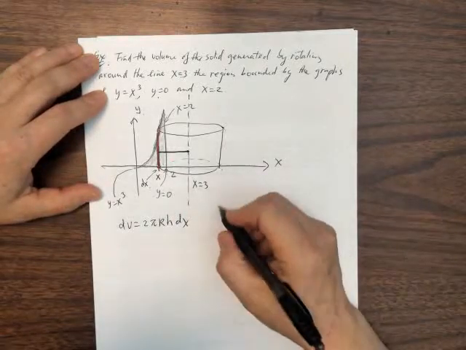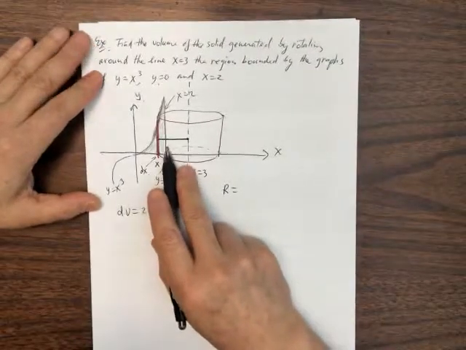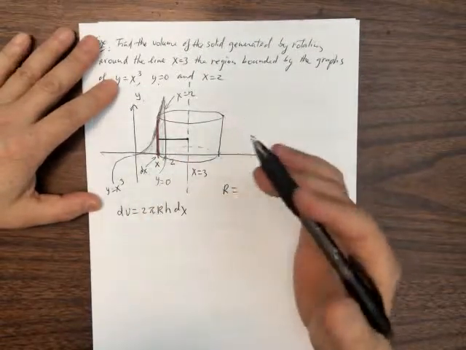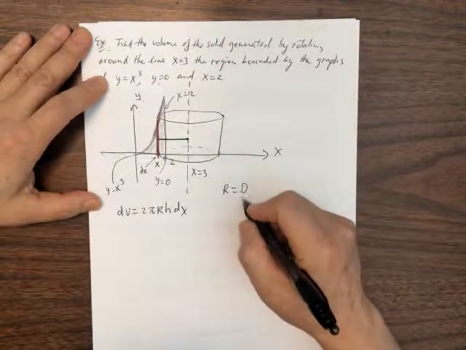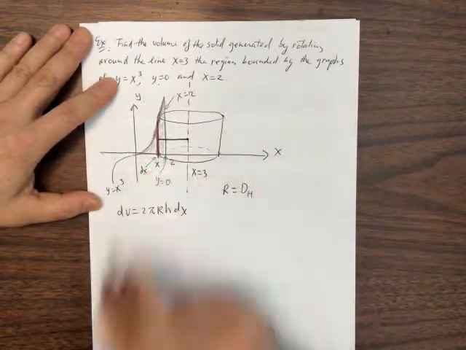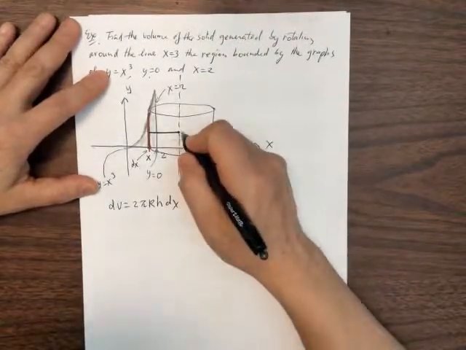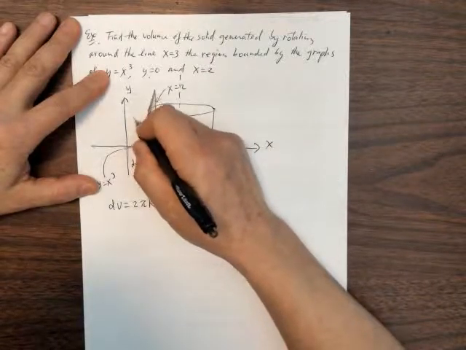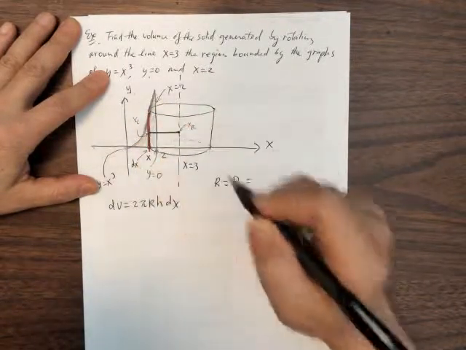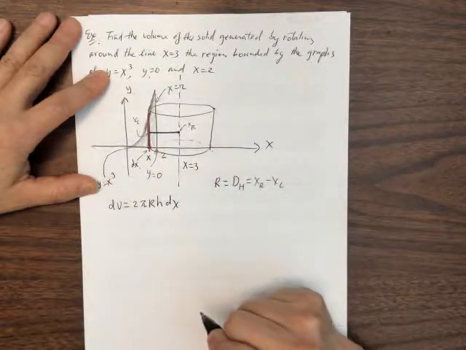Okay, so the radius, as we see in the graph, is a horizontal distance. For a horizontal distance, we need to figure out x at this end called xr, and x at this end called xl, the right end and the left end.